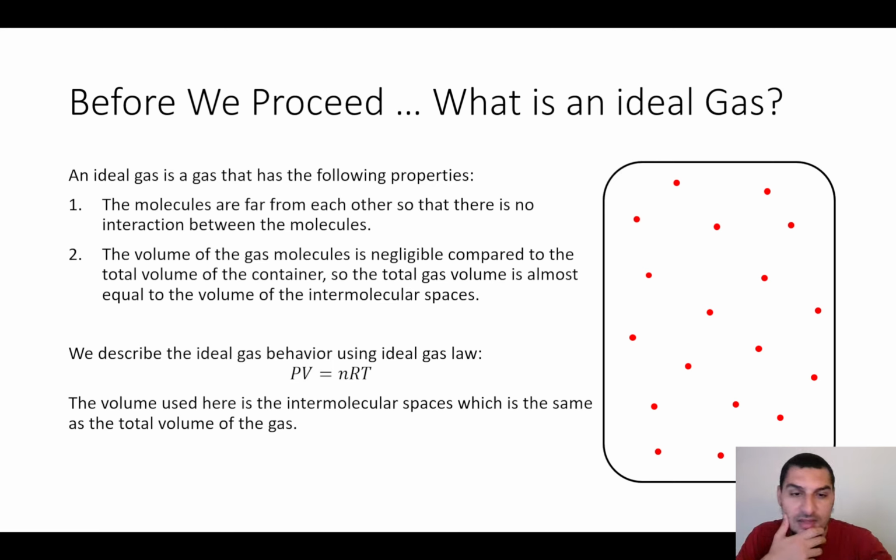And since the volume of the gas is very small, we can ignore it, and we assume that the total volume of the container is the volume of the intermolecular spaces that we substitute here. So this is what we mean by ideal gas.